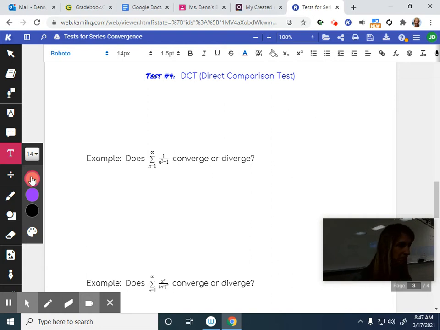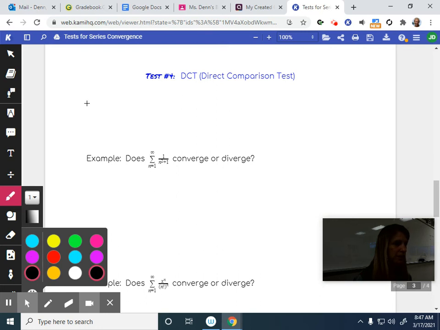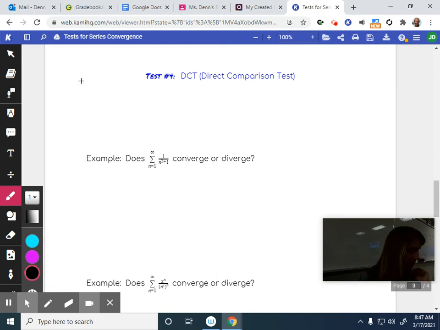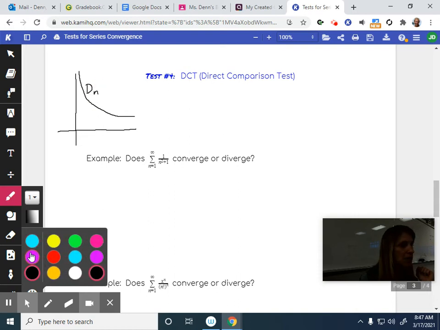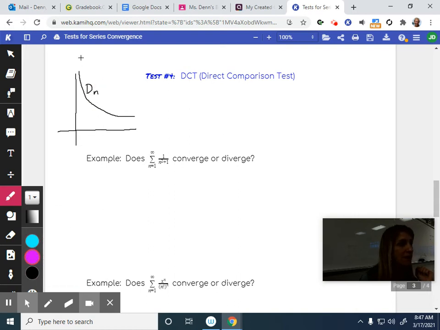So let me say that more specifically. Let's say I know of a divergent series, and I'll call it d sub n. And I'm going to take my series and say my series is bigger. My series is a sub n. Well, if d sub n diverges, it's too big, then my series will diverge also. It's obviously going to be too big.